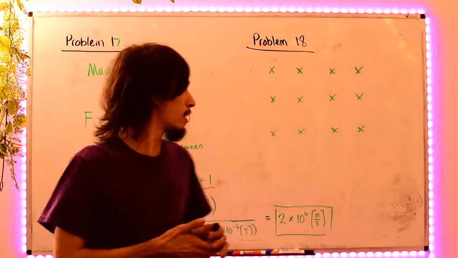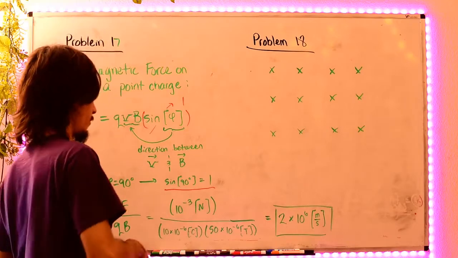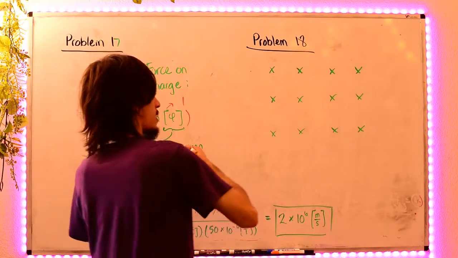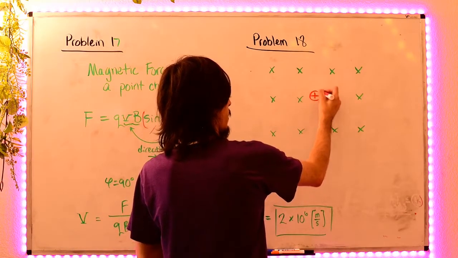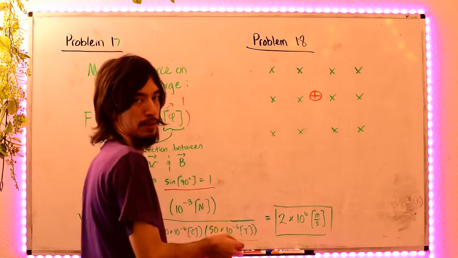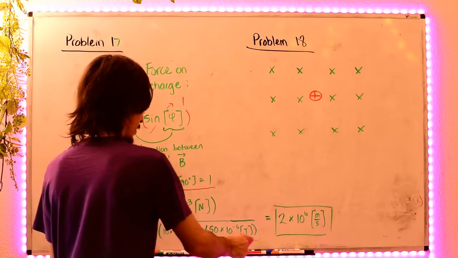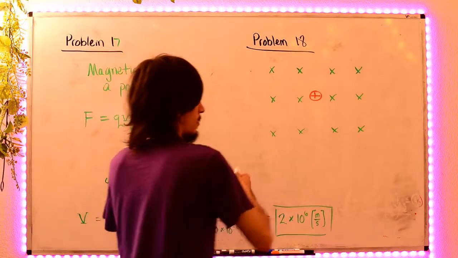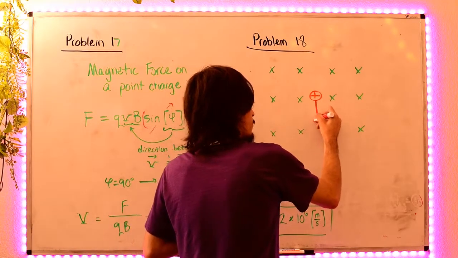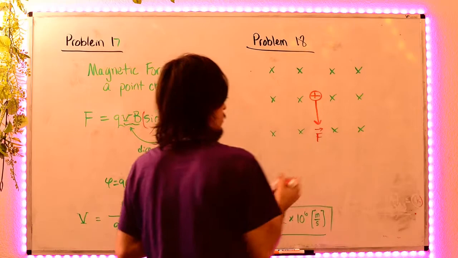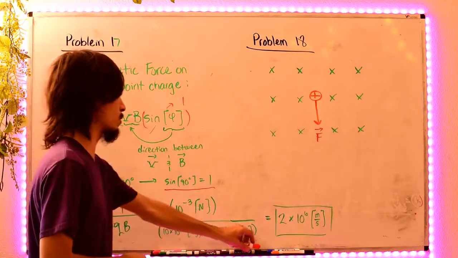And so once we have that region of magnetic field, we know that there is a positive charge, which is found to have a force downwards. Not the direction of movement, but the direction of force felt. So the force is downwards, caused by movement through that magnetic field.